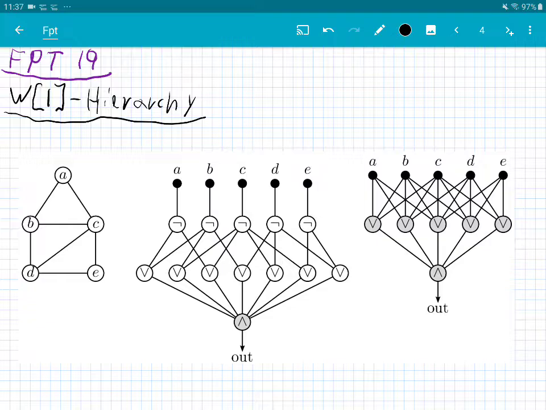Now, the most natural way to think about complexity of a circuit is to talk about the depth of the circuit, right? A natural thing to say is, oh, well, let's just look at circuits that have logarithmic depth. The point is that if you look at circuits with logarithmic depth and you ask the satisfiability question on them, then you get the class NP, right?